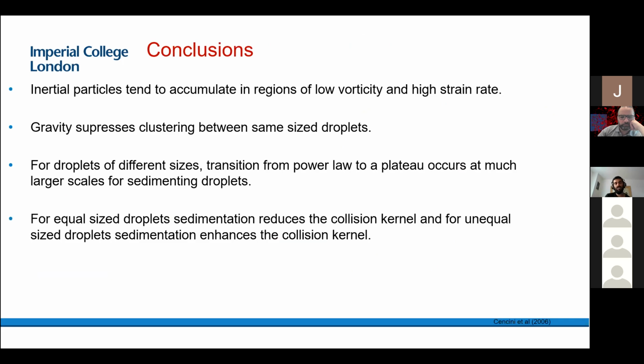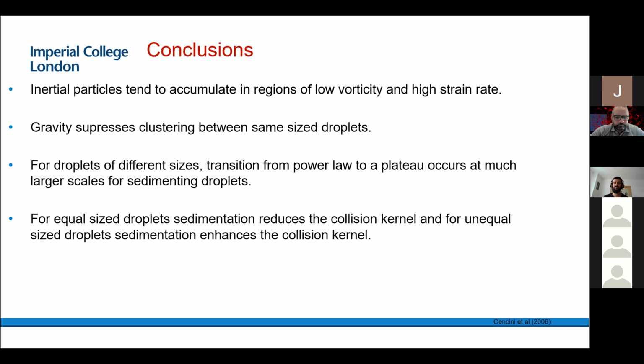So to conclude, we looked at the process of preferential concentration in the context of clouds, how it affects the collision rates, and the effect of gravity on this particle clustering. The main effect of gravity is that it suppresses the clustering between same-sized droplets.